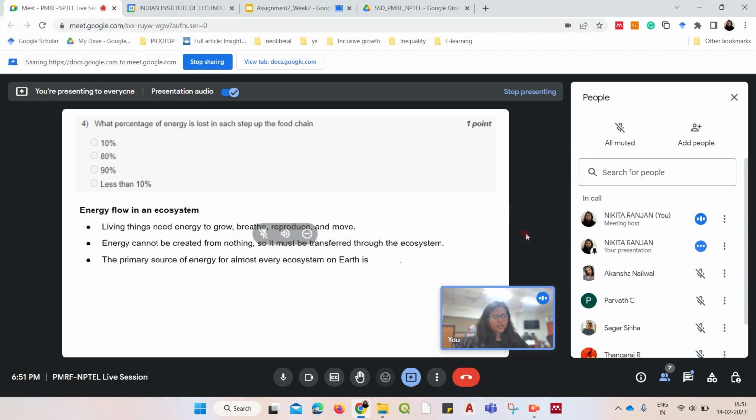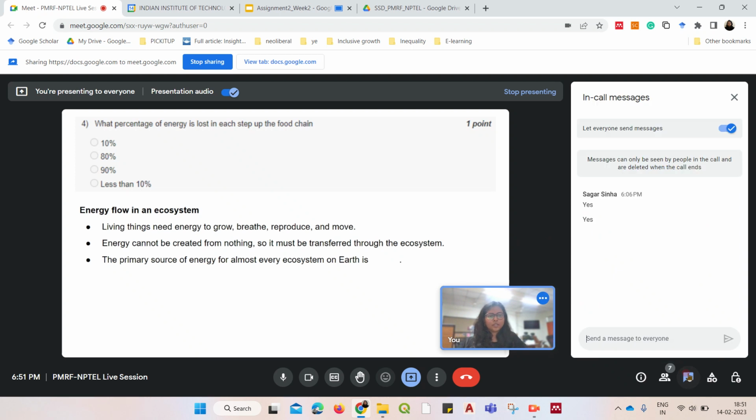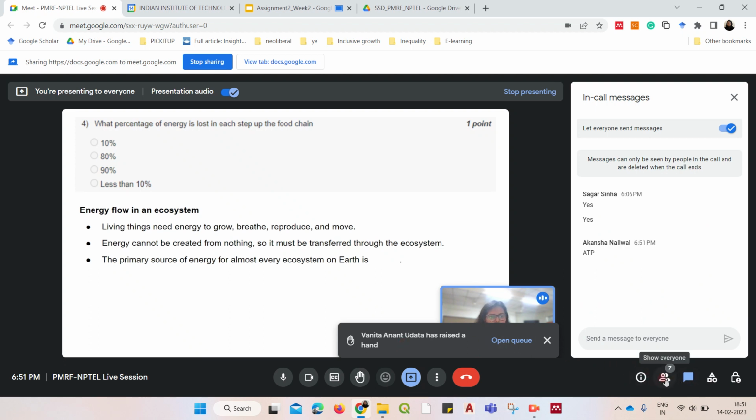You can just type in the chat box and tell me if you know. Can anyone guess what the primary source of energy is? Yes, Vanita, please type your answer in the chat box. Akansha is saying ATP.